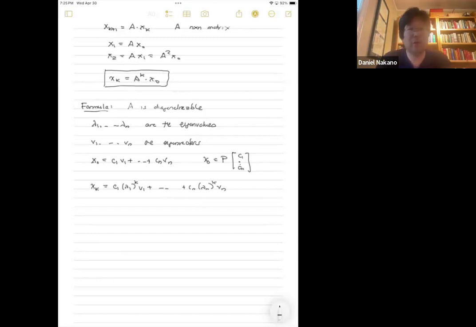So if you know that A is diagonalizable, you can find out what x to the k is by just using the eigenvalues and the eigenvectors. Given an initial value, you can find the c's using the eigenvectors, and then off you go. You can find this nice expression.